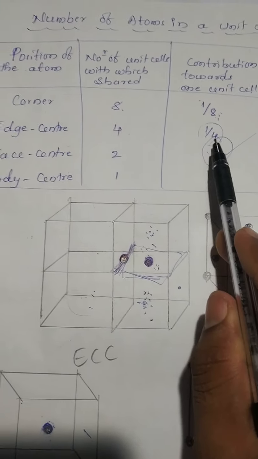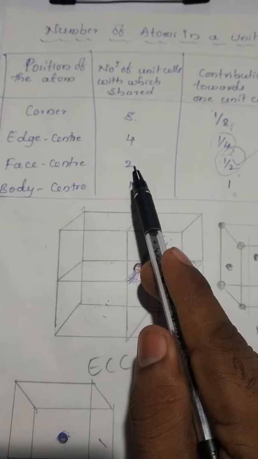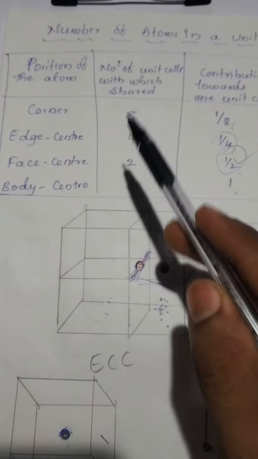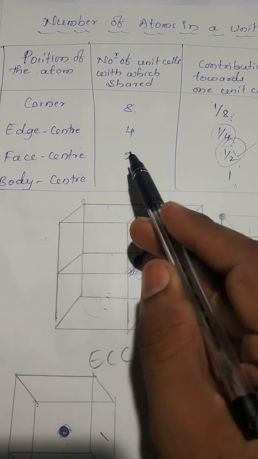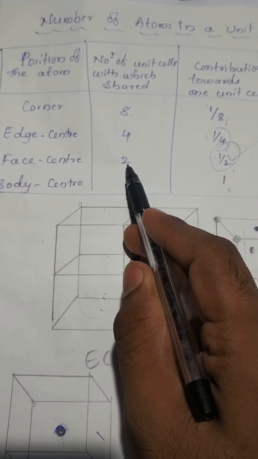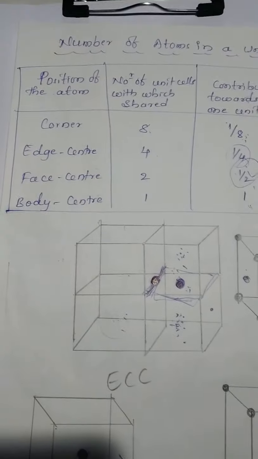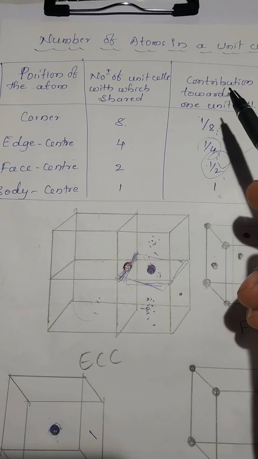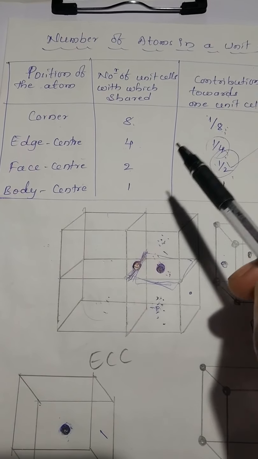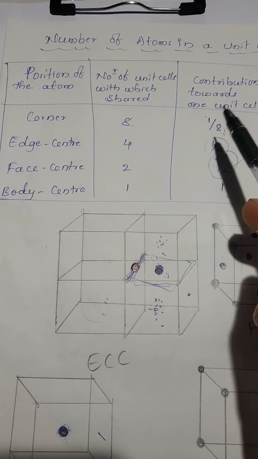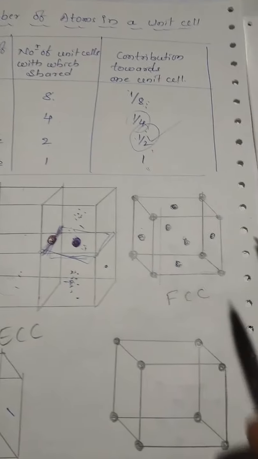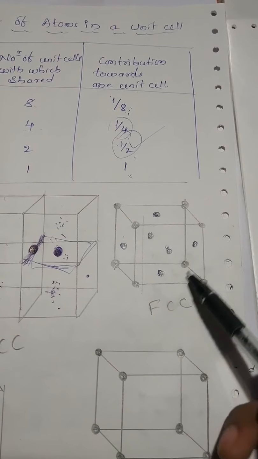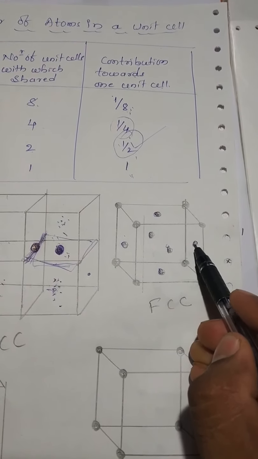Similarly, face center. If the atom is present at the face center, then it is shared among 2 unit cells. So the contribution of a face center atom towards one unit cell is 1 by 2. See here, this is a face centered unit cell, so one particle is there.